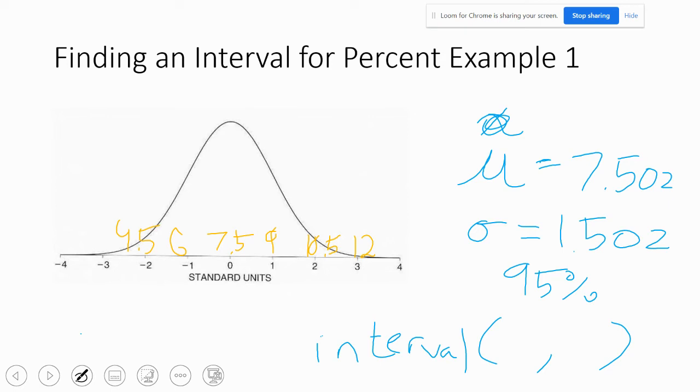Minus another 1.5 is 3. Now, you gotta remember that between -2 and 2 is 95% of the data. So the weight will be between 4.5 and 10.5.